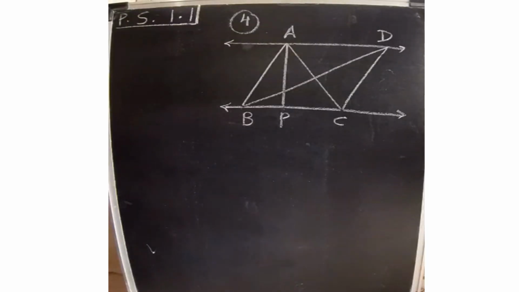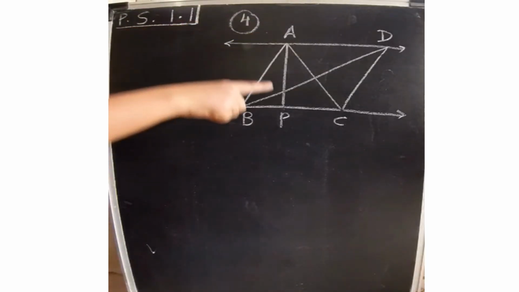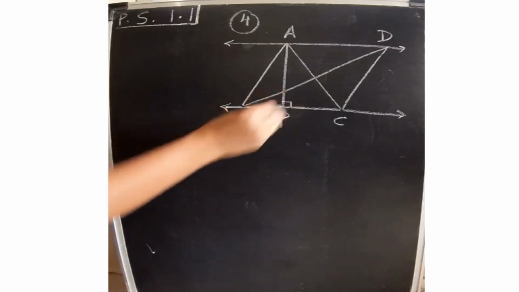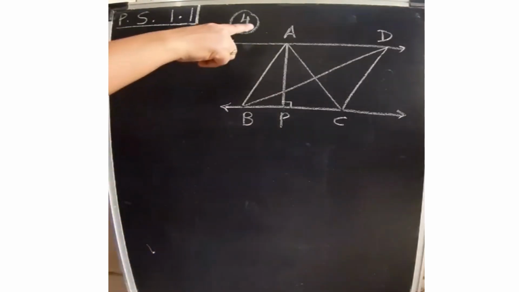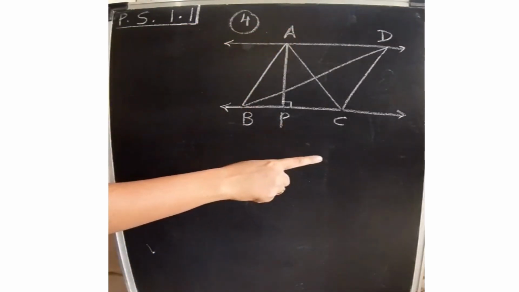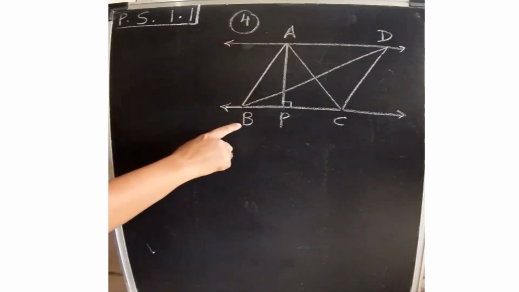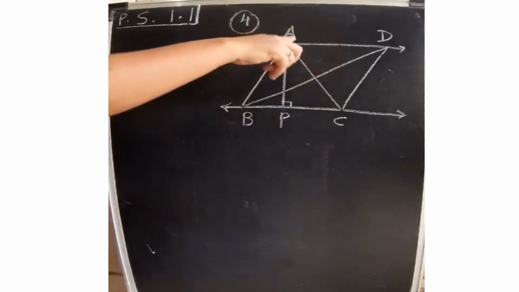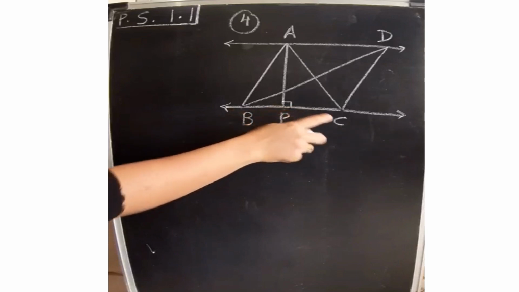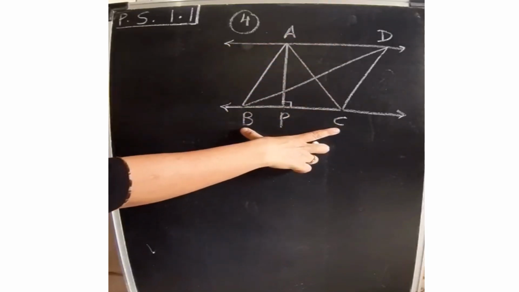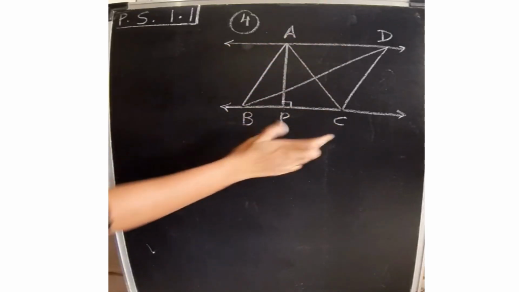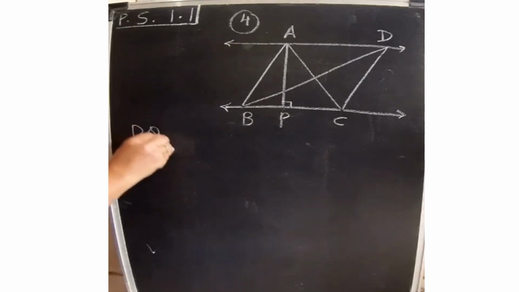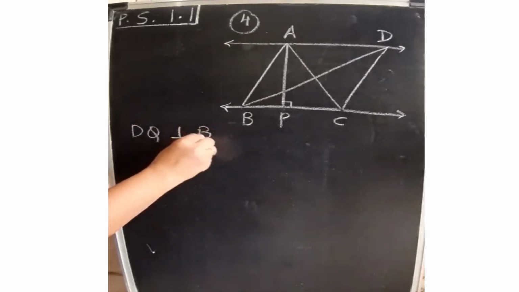Problem number 4. In the adjoining figure, AP is perpendicular to BC given. AD is parallel to BC given. Find area of triangle ABC is to area of triangle BCD. If you are observing, BC is the common base in both the triangles, and these triangles are between two parallel lines. So height must be same.